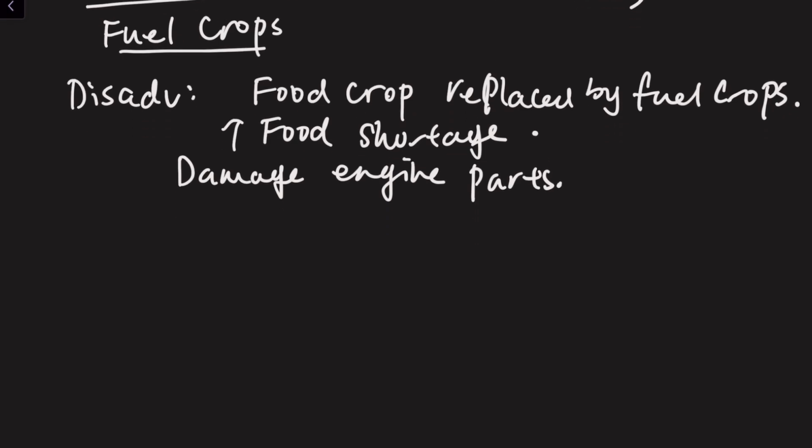That's why for old cars, it is recommended you don't use ethanol fuel. You should stick to petrol. For newer cars that are designed specifically for bioethanol, it can run on pure ethanol or 85% ethanol without damaging the engine.